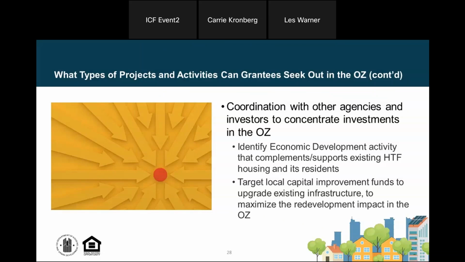Talking a little bit more about how to identify economic development activity that can complement or support existing affordable housing and HTF housing residents, grantees can seek out or encourage investors to capitalize economic development initiatives that will support the grantee's nearby development and its residents. Those can be things like grocery stores, a variety of commercial services, or investment in businesses within the opportunity zone that could create jobs for the housing residents.